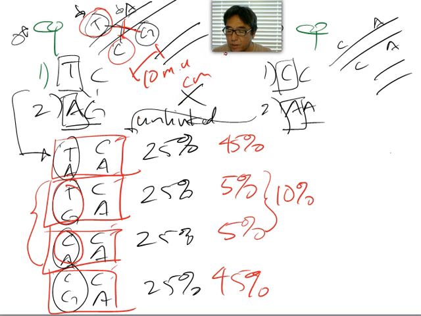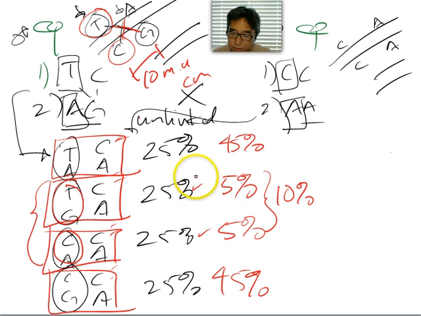So you can tell whether or not these two sites are linked by looking at the distribution of these genotypes in the progeny. And again, in this case, these two are the recombinants. We don't know, before we do all this, which ones are the recombinants and which ones are not.